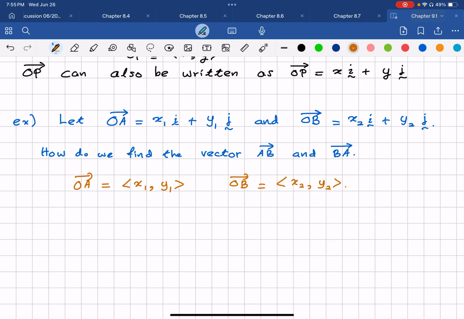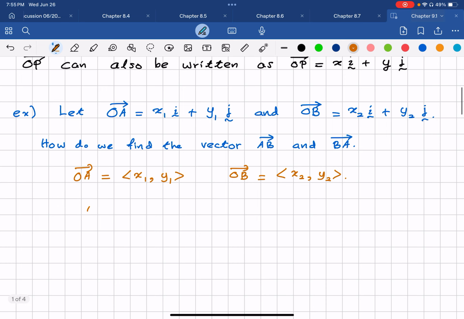Right. Now we will figure out how to find AB and BA. This is how we find the vector AB. AB is given by OB minus OA. Okay. What is my vector OB?